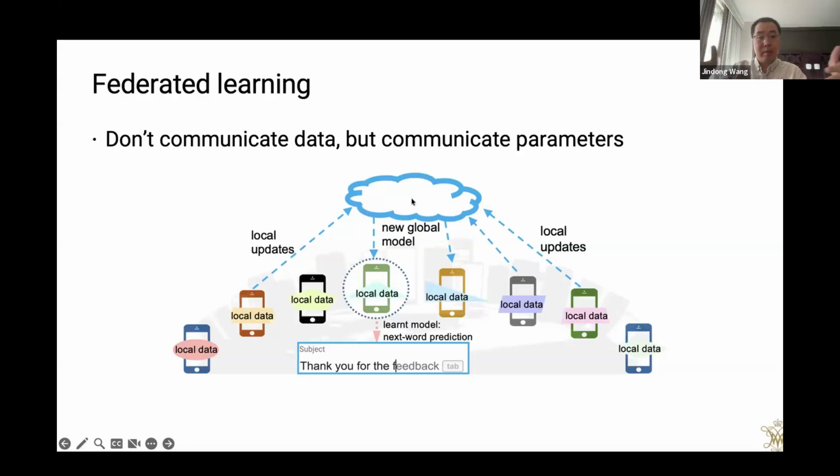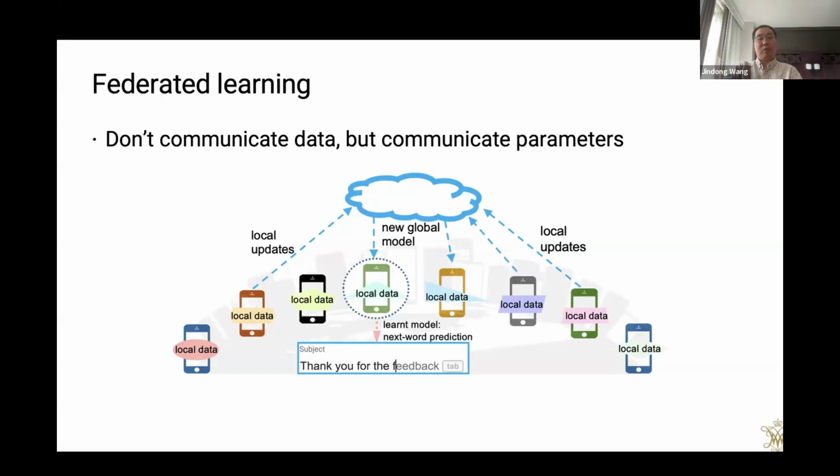But how do we collaboratively learn from their experience? We don't share data, but again, we share the model. By sharing the model, we mean its parameters. We can learn from the parameters of all the models, and those parameters are abstract enough, just nonsense to a real human being.